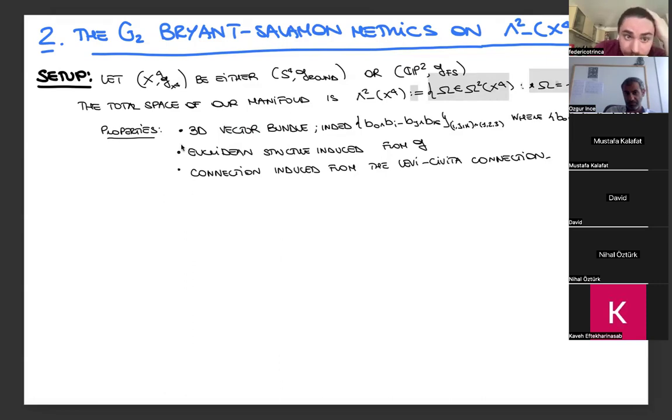So all you need to know about the Bryant-Salamon metric in this context is that this is a 3D vector bundle over a 4-dimensional manifold.